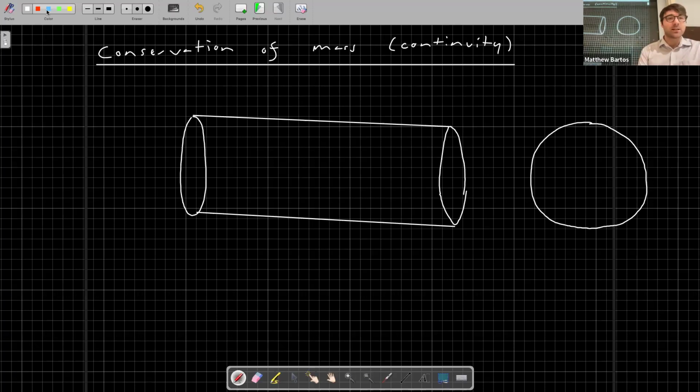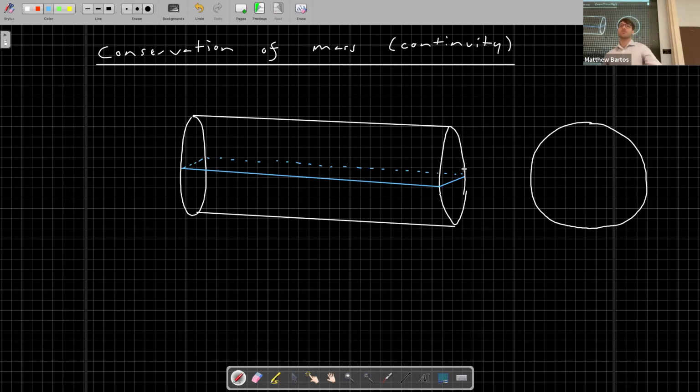And remember, I'm talking here about a conduit in which the pipe isn't necessarily completely full. So let's say it's just halfway full like this. What's a more general way we can express conservation of mass? Let's say we're thinking about it over some time interval. Mass in minus mass out equals change in value.